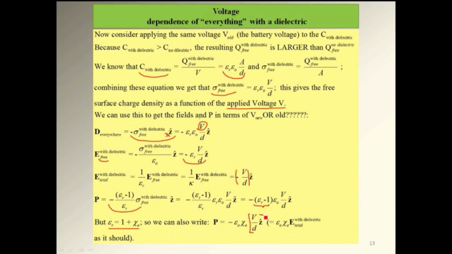This is E with the dielectric total, which is up here, in terms of magnitudes. That's what we would expect, but remember that P is proportional to the E field inside the dielectric, and that's what this is here. In the case of keeping the battery on, we get a bigger polarization than we would if we didn't keep the battery on.